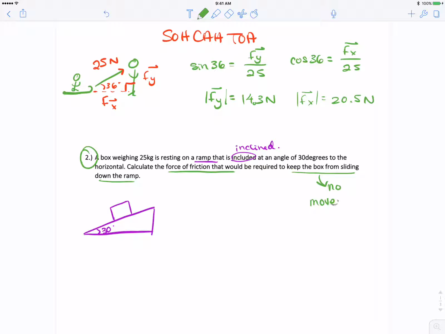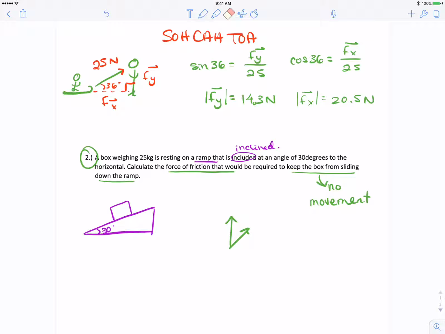What do I know about vector diagrams? For there to be no movement, I need what kind of shape? What do I know if I were to make a vector diagram with straight lines, like this? Yeah, I need a triangle, right?